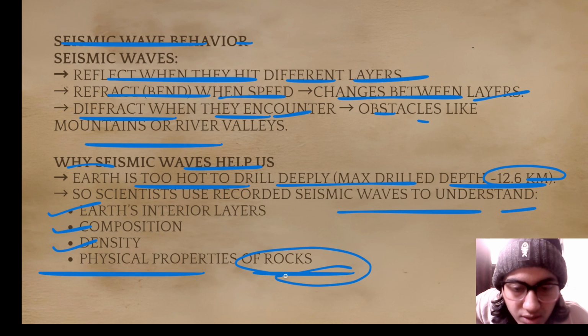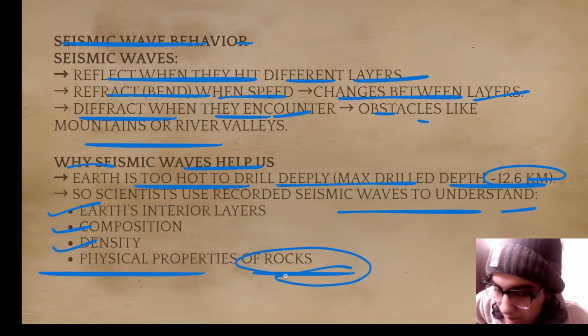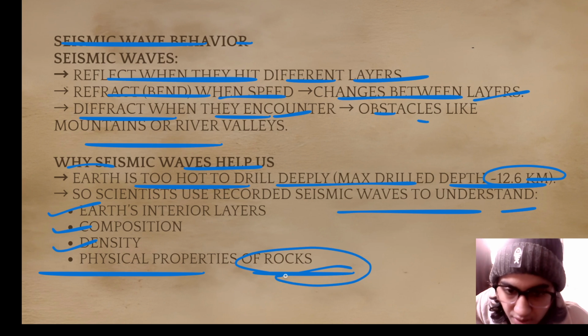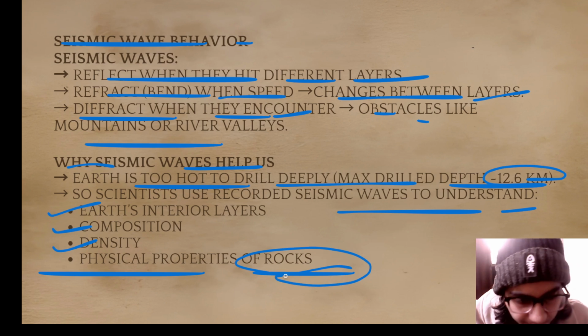That's how scientists study the Earth's internal layers. I have already covered this in the very first page of this presentation, that we can't drill deeply into the Earth. The maximum drill we can make is only 12.6 km, so that's why we take help of seismic waves.